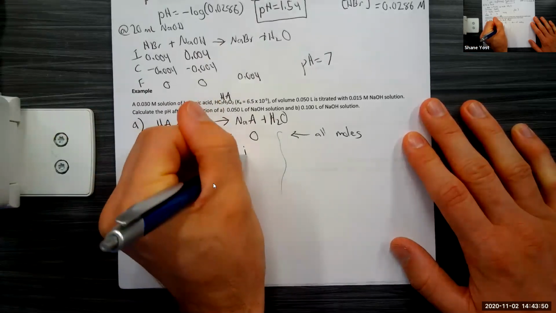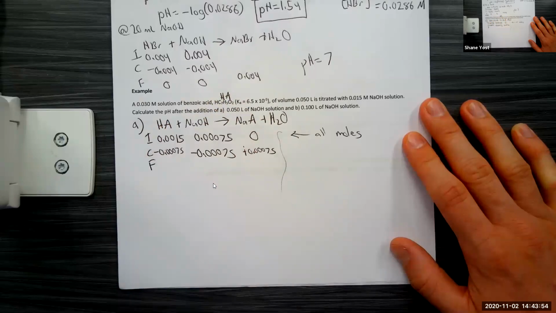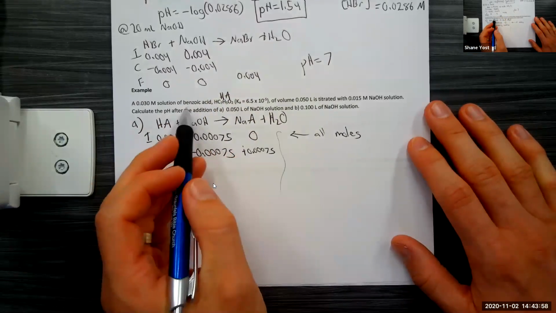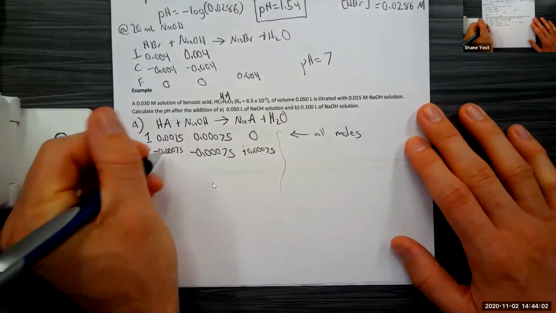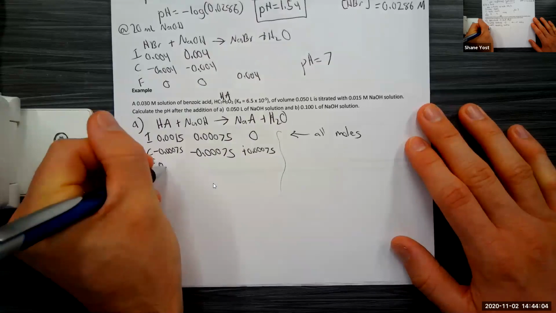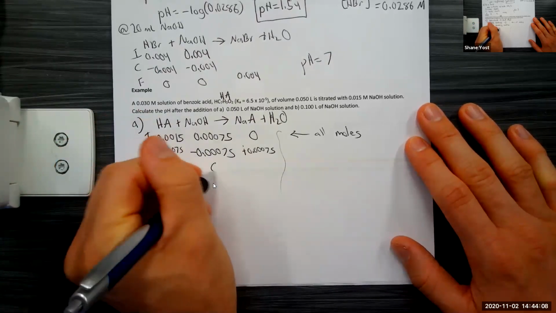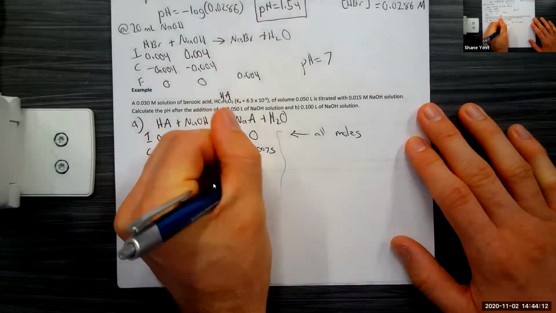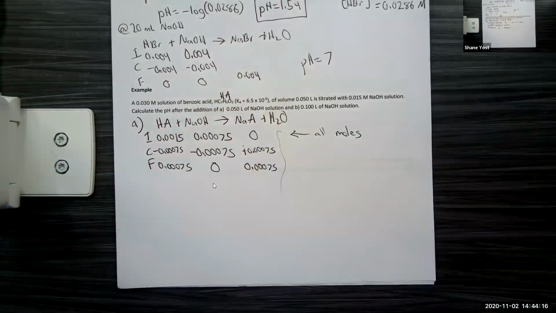And then I'm going to gain 0.00075 moles of sodium benzoate. So HA, I'm going to have 0.00075 moles of that left. I have none of my sodium hydroxide left, and now I've gained 0.00075 moles of NaA.